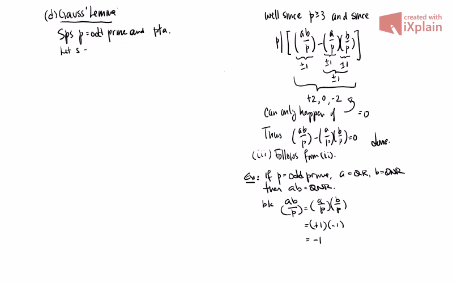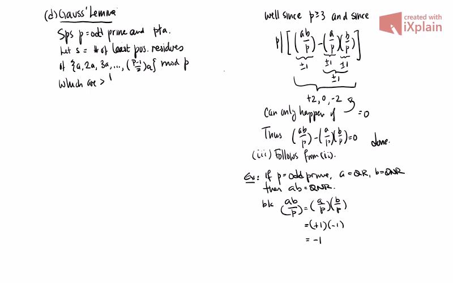Let s be the number of least positive residues of this set a, 2a, 3a, up to and including (p minus 1)/2 times a, mod p, which are greater than p over 2. Then a over p equals negative 1 to the s.